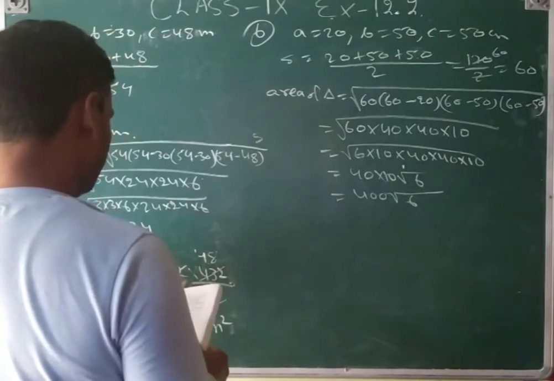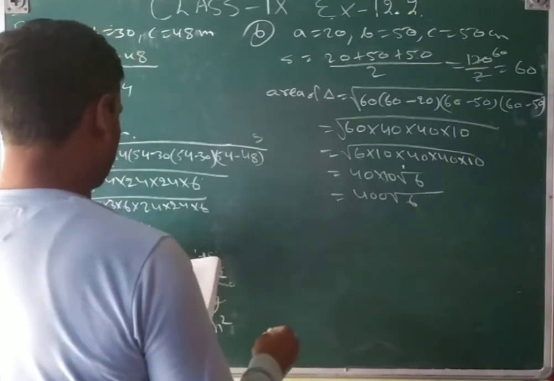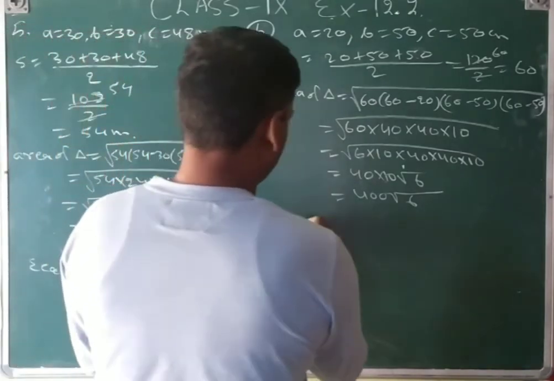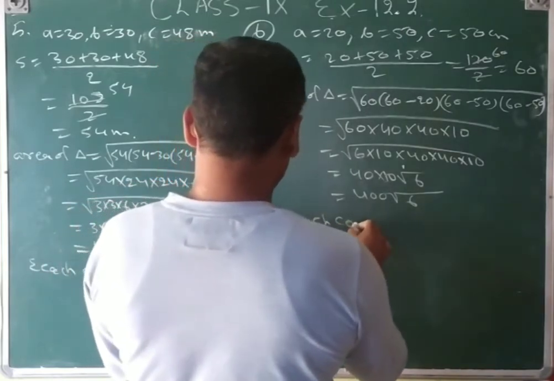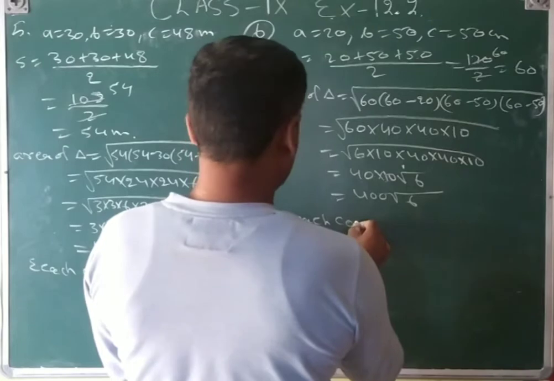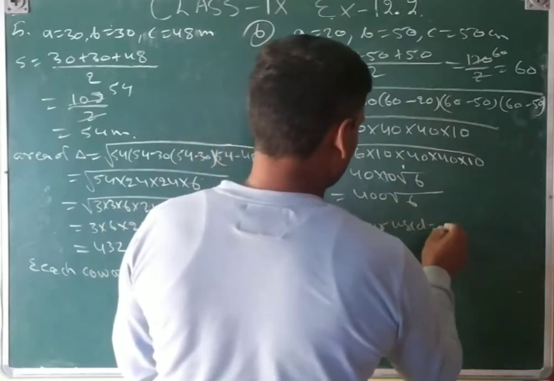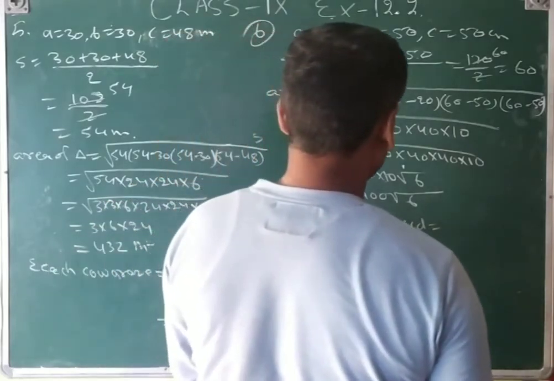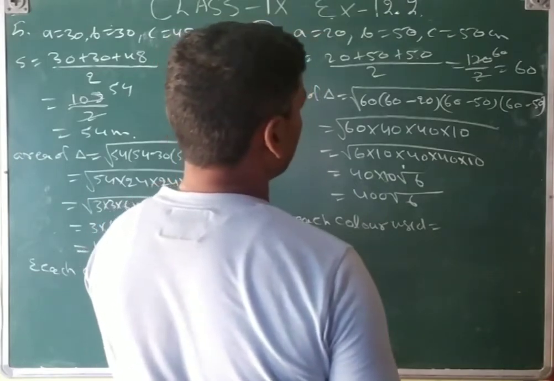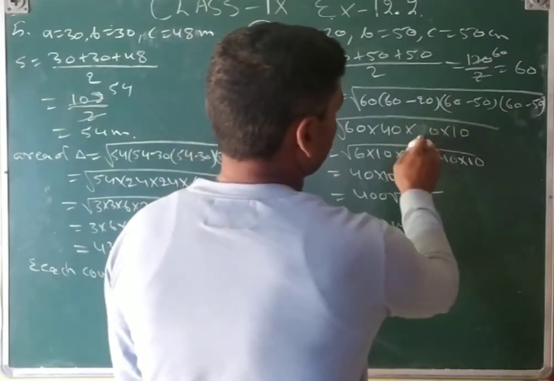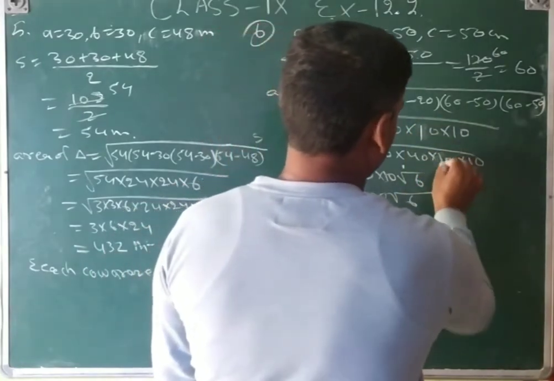So how many stitchings are there? 10 triangular pieces are here, and two colors are being used. So each color used is equal to, 60 less 20, oh sorry, this is 10. Oh sorry, just wait, so that will be 10.